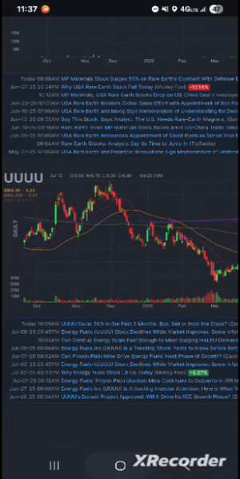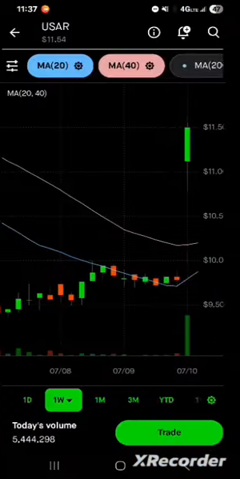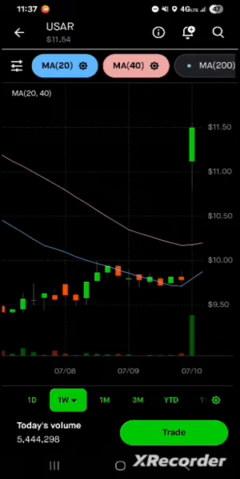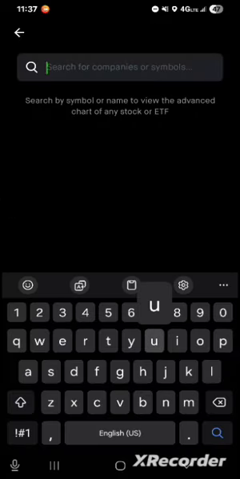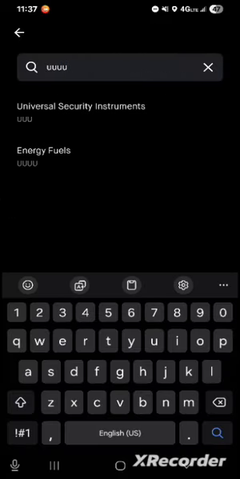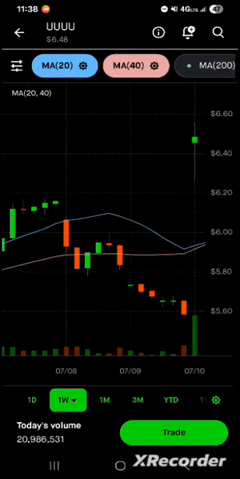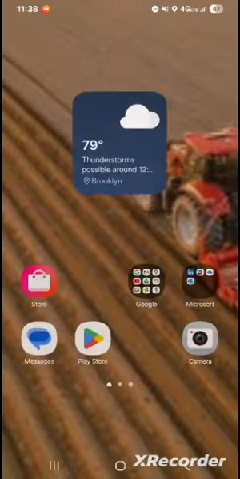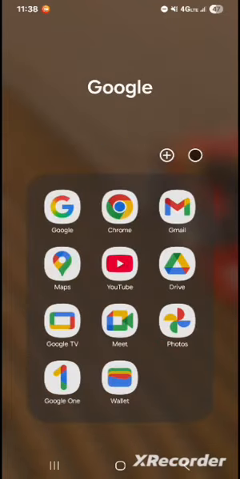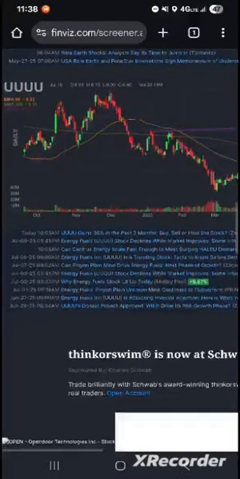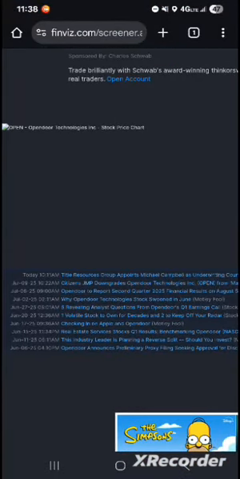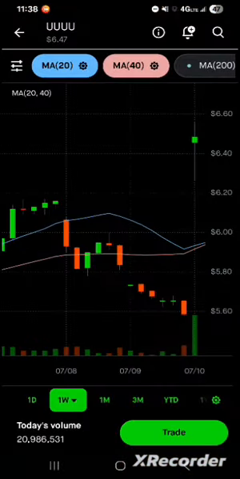U. Let's take a look at that one. Okay, so this one was kind of close, but there's no cross, so we want to avoid this as well. Looks like this says open right here, so we're going to type in open.